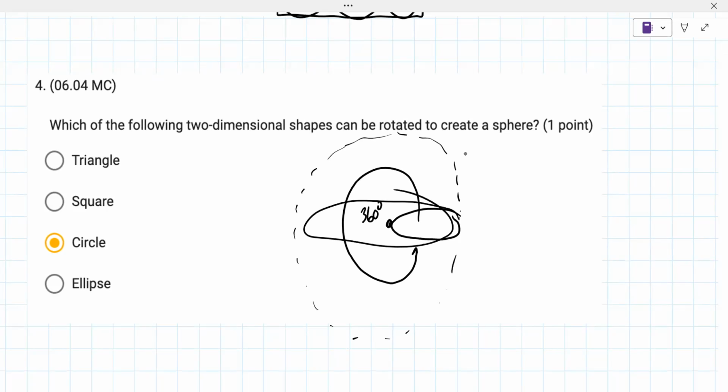Does that make sense? Got it. Yeah. Okay. So it's rotated to create a sphere. So then it would be the circle. It would be the circle, yeah.